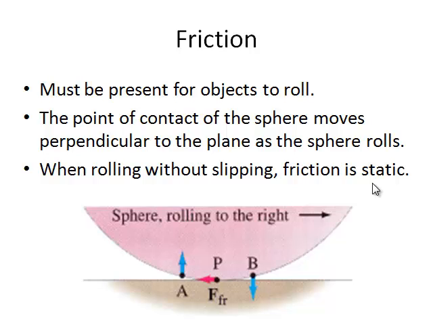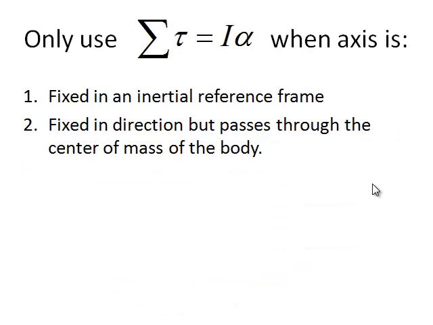Of course, that is the maximum value it can be, and usually when we're rolling, we don't reach that maximum value unless the ball, or the wheel, is about to slip. So just be really careful when you plug in for the force of static friction, that you're not just saying that the force of static friction is equal to mu s Fn.